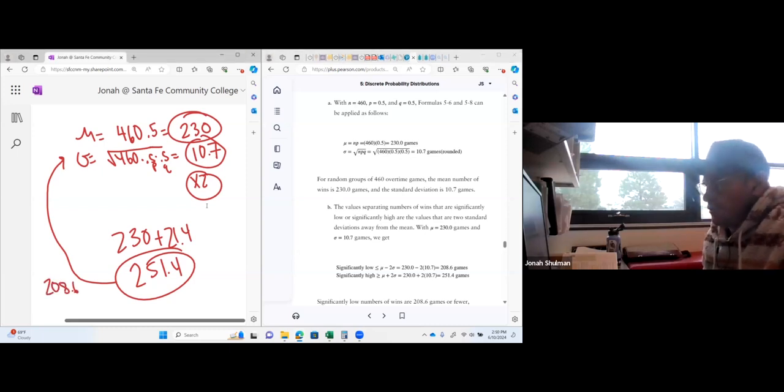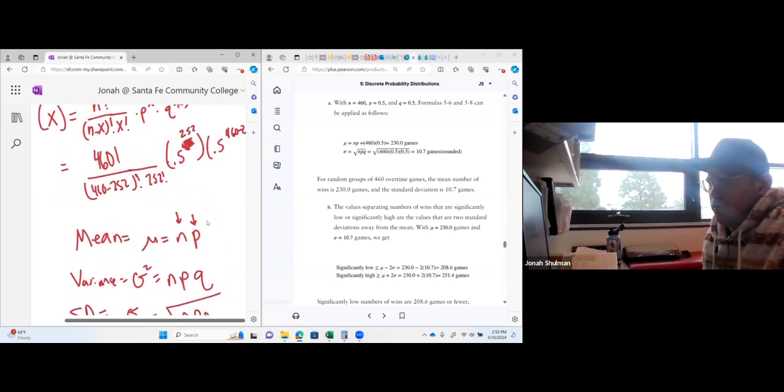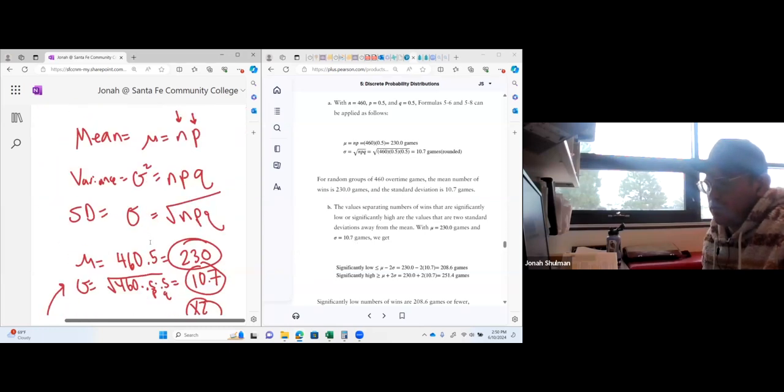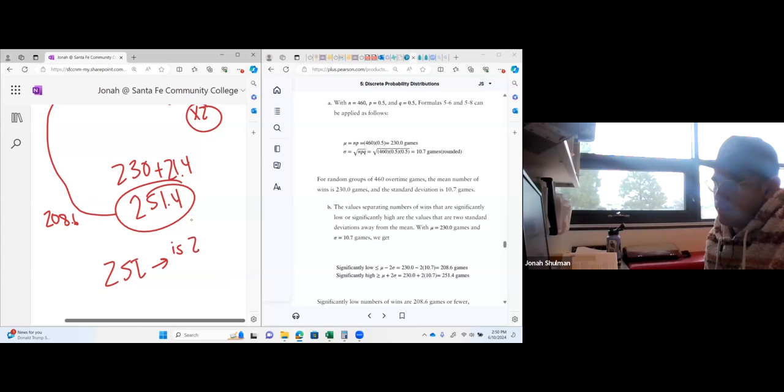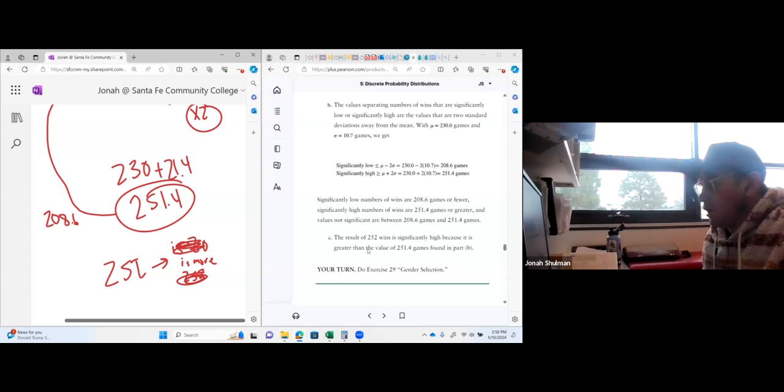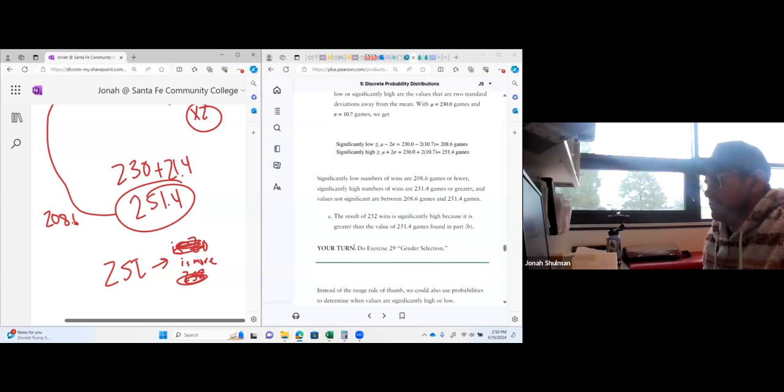Well, what was the value that we got? Our value was 252. 252 is higher. 252 is more than 2 standard deviations away. So 252 is greater than this number. That is why it's significantly high.